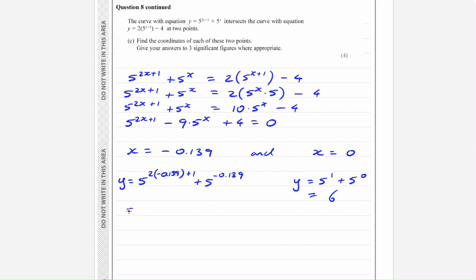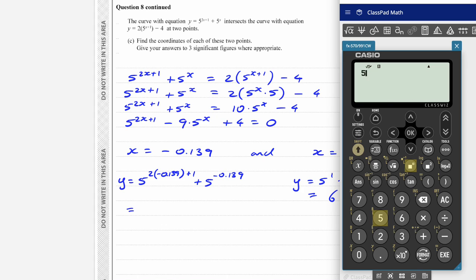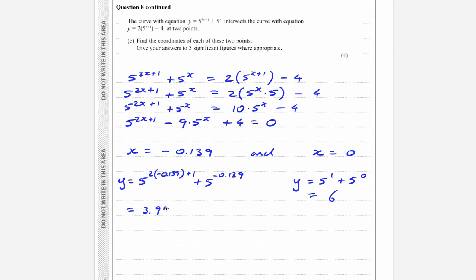And this one, I will need a calculator. 5 to the power of 2 times negative 0.139 plus 1 plus 5 to the power of negative 0.139 is 3.9949. 3.9949 to 3 significant figures is 4.00.